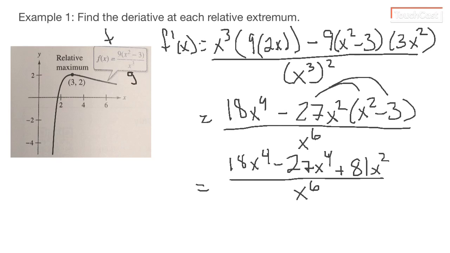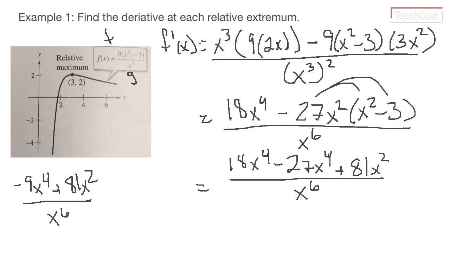Well, we can combine 18x to the fourth minus 27x to the fourth. So we're going to end up with, I'm going to write it more under our picture, negative 9x to the fourth plus 81x squared over x to the sixth.